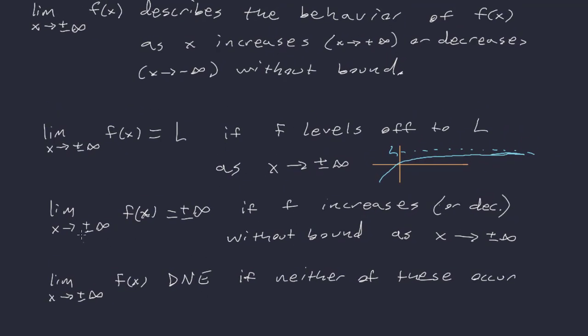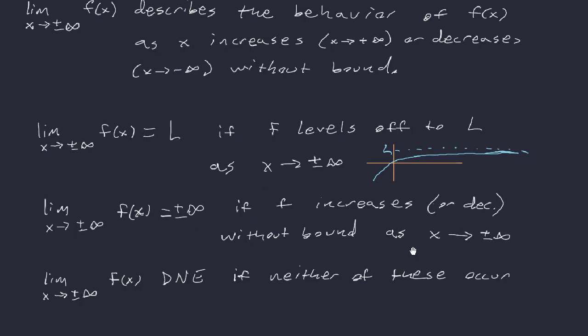Of course the other possibility, and I think what most people would consider most common, but it's not, though it's probably where your head would go first, is that if f increases or decreases without bound as x goes to plus or minus infinity, then like before, we say that the limit is infinity.